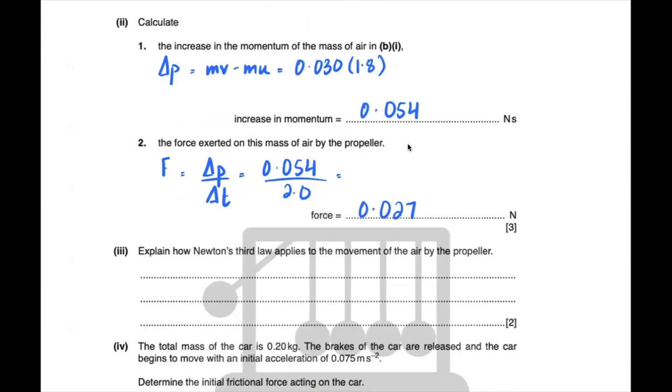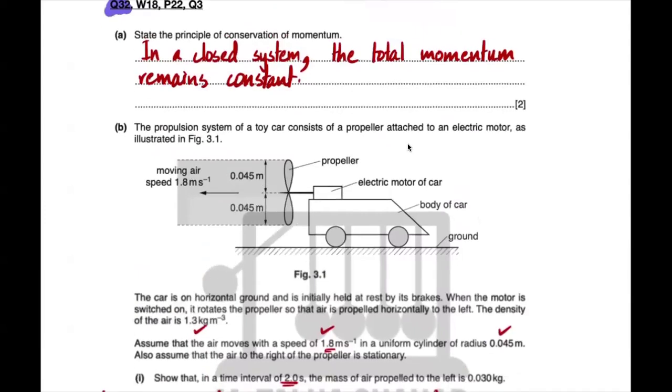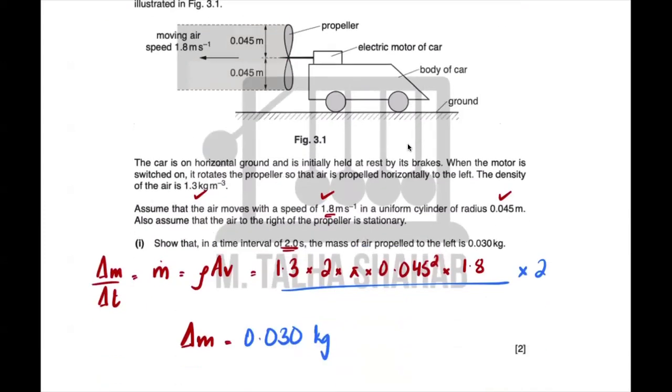And this is something that should have also been immediately obvious when you started looking at this question. So you can say that basically the propeller pushes, or the car pushes the air backwards, so the air pushes the car forwards. And you also know now that Newton's third law and conservation of momentum are basically the same thing.